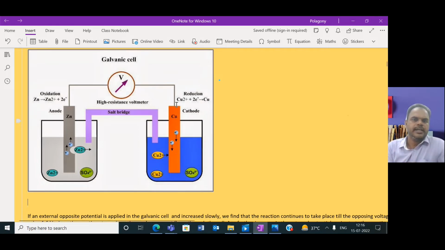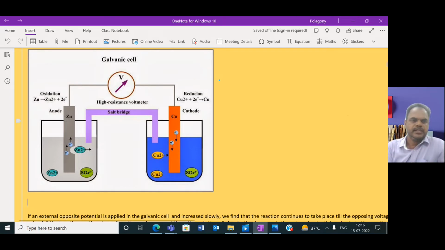Both are connected: the zinc anode is connected to the copper by a high-resistance voltmeter. The deflection of the voltmeter will indicate how much current is passing.